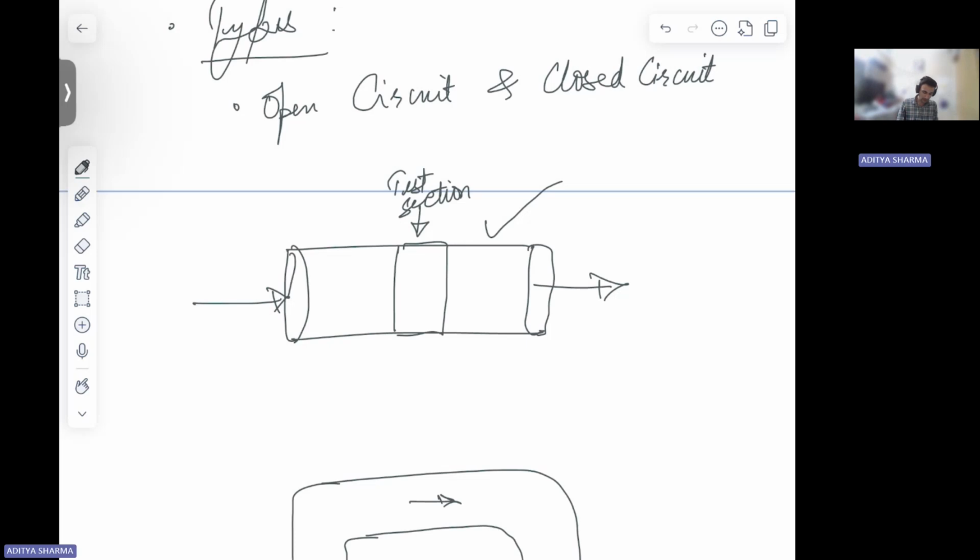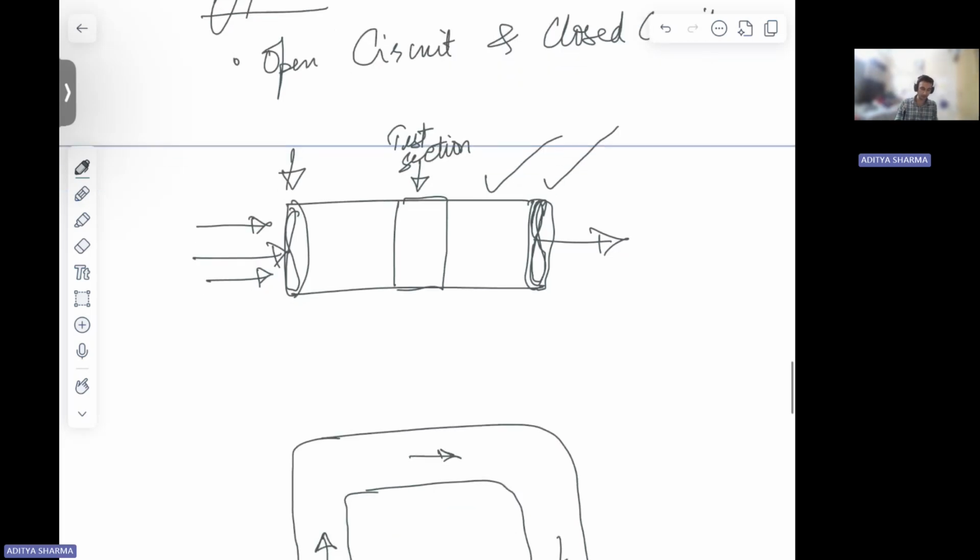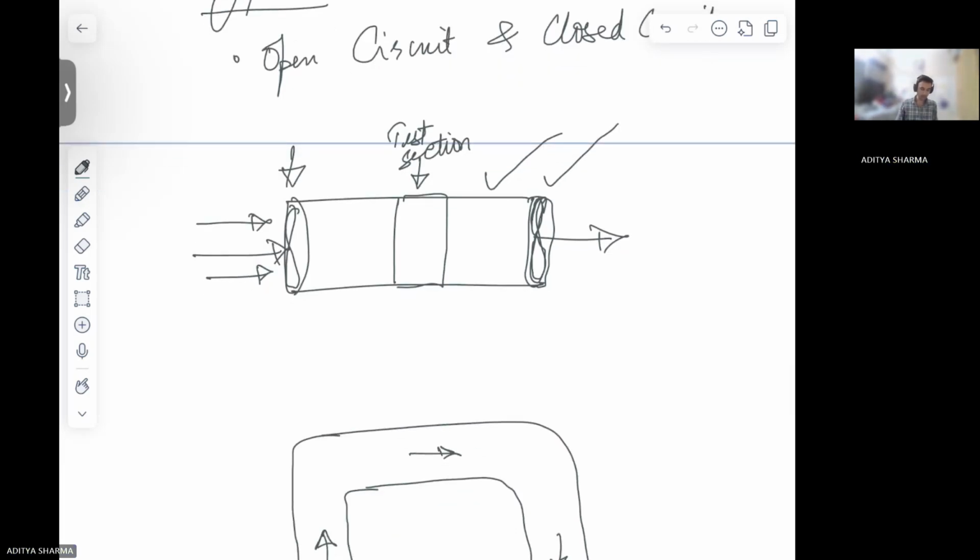Now, if you have a fan at this location, basically you are blowing down this flow. And in case you have a fan at the end in this direction, you're sucking in your fluid or air. In case of a wind tunnel, it's air, right? So suction and blow down type of tunnels.